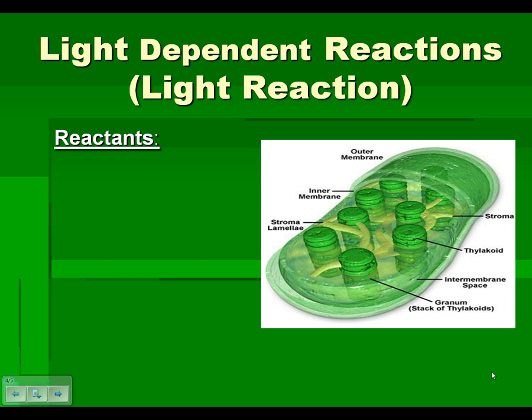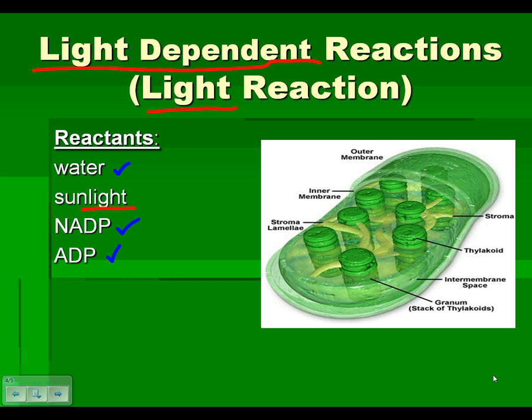So we'll start with our light-dependent reaction, and let's go through the reactants. These are the things that are needed in order for the light-dependent reaction to occur. Of course, sunlight is needed because it is dependent on light in order for the reaction to start. You also know that water is needed, NADP and ADP.